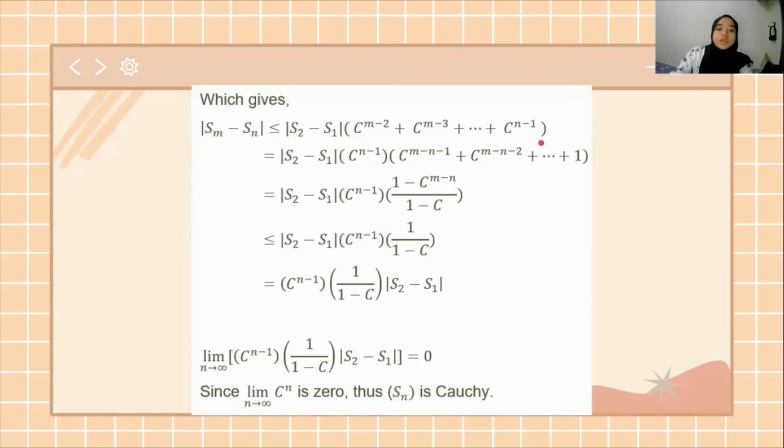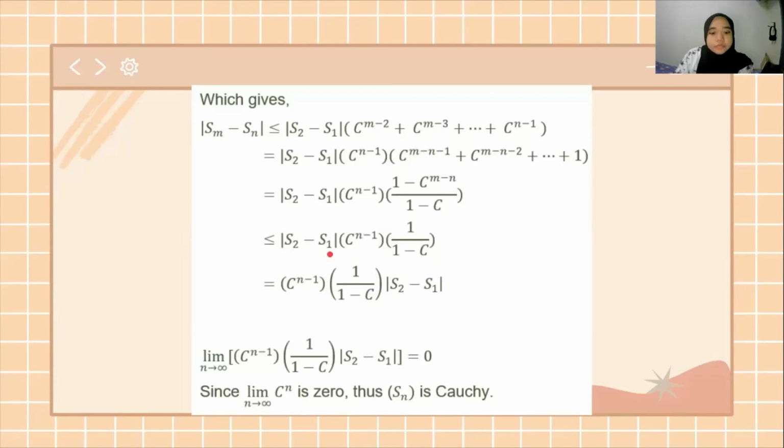So you simplify the equation until you get the constant power of n-1 times 1 over 1 minus c, times |a_2 - a_1|.